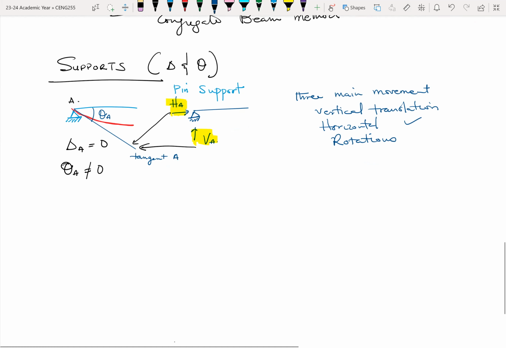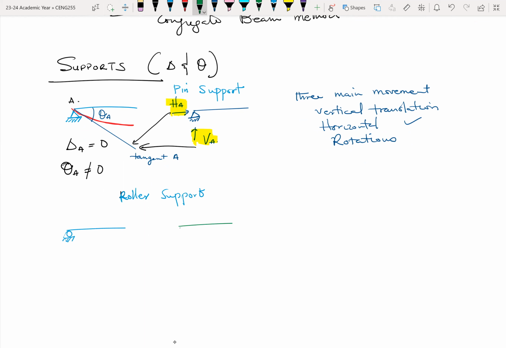Now let's look at the other supports, the roller support, which behaves pretty much the same way as the pin support.